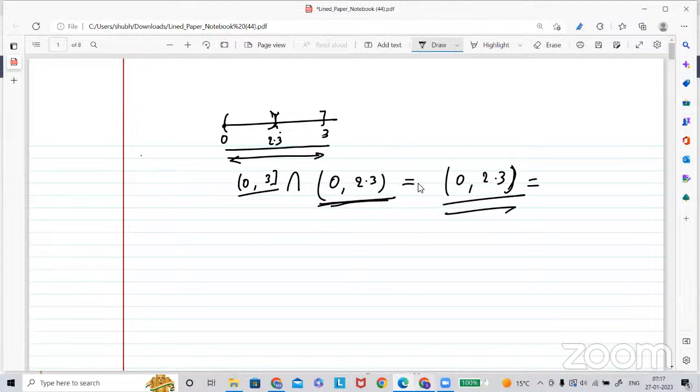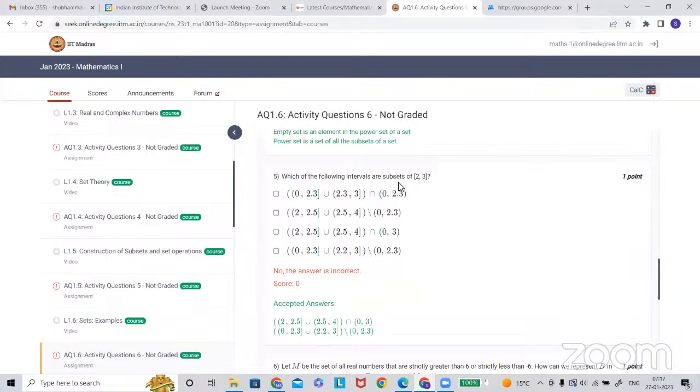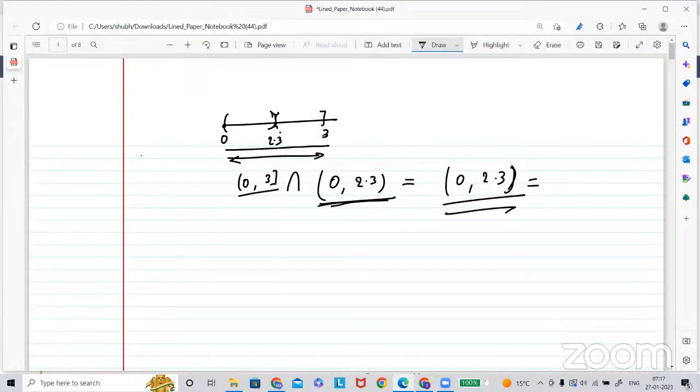So now what is it asking? The question is this interval, 2 to 3. Suppose here is 2. So our main interval is close 2 to close 3, right? But whatever we got, we are getting this extra portion.